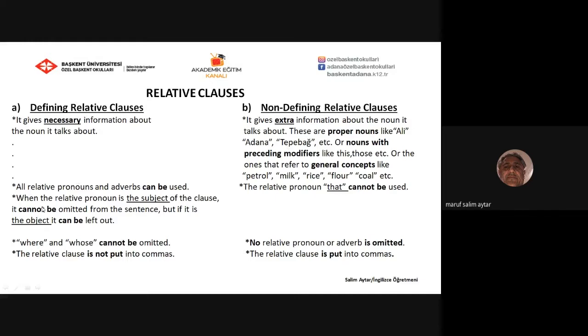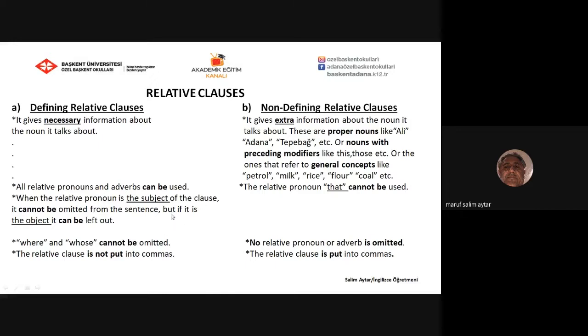In defining relative clauses, all relative pronouns and adverbs can be used in the sentence, okay? But in the non-defining relative clause, we cannot use that as a relative pronoun, okay? And when the relative pronoun is the subject of the clause in the defining relative clause, it cannot be omitted from the sentence.